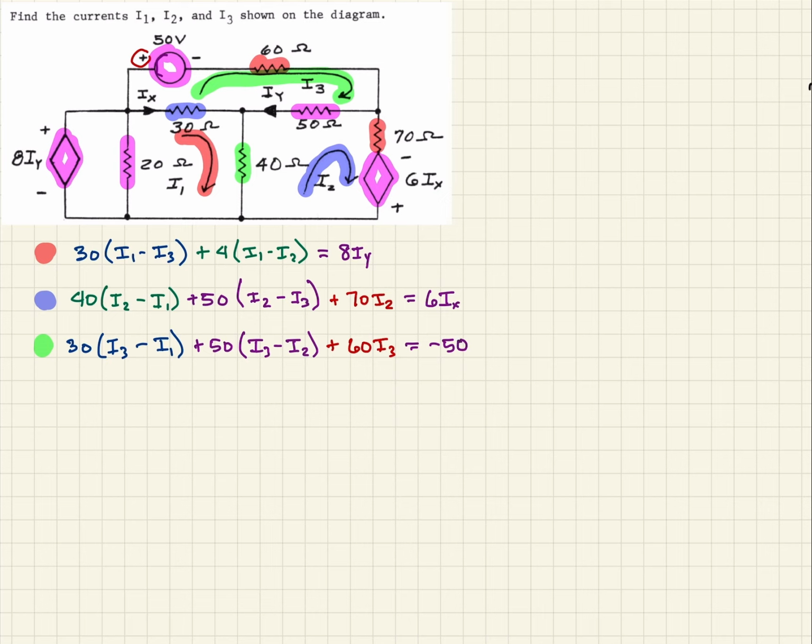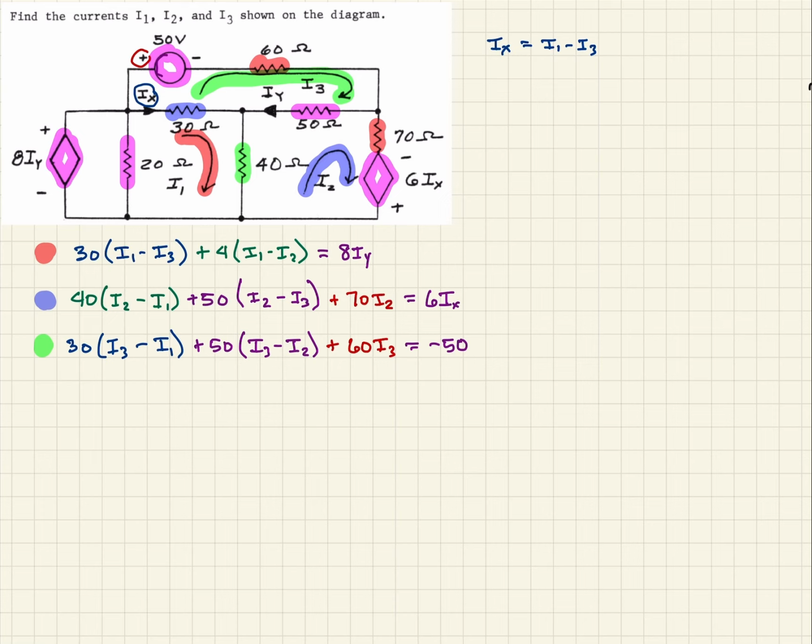We also have some supplementary things that we need to take into account. One is, and we'll do it in the same color, this IX. That's the current going through the 30 ohm resistor. So IX, we can see, is just going to be equal to I1 minus I3.